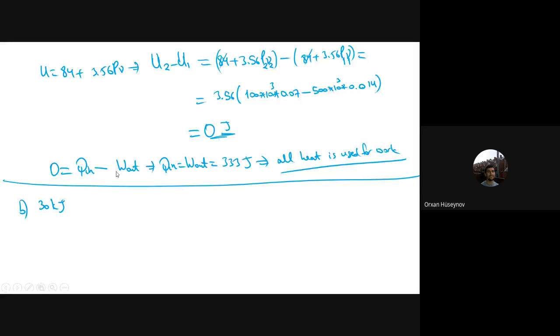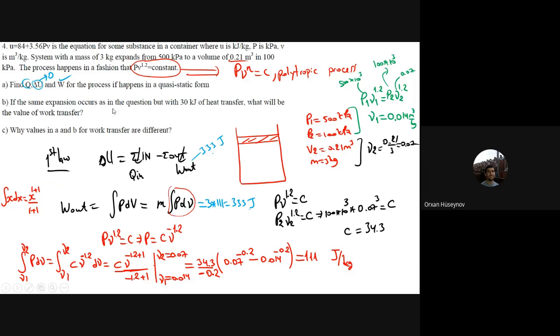Let me ask this question for you: what is the answer for the B part? It is not so difficult, it is a very easy one, but you can tell me the value. So what do you think the answer will be when the value is 30 kilojoules?